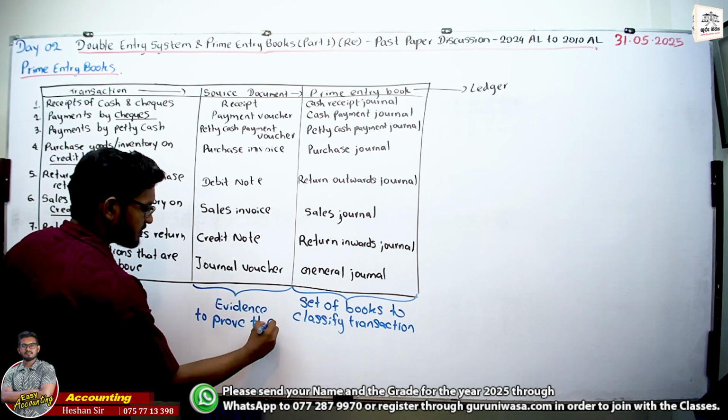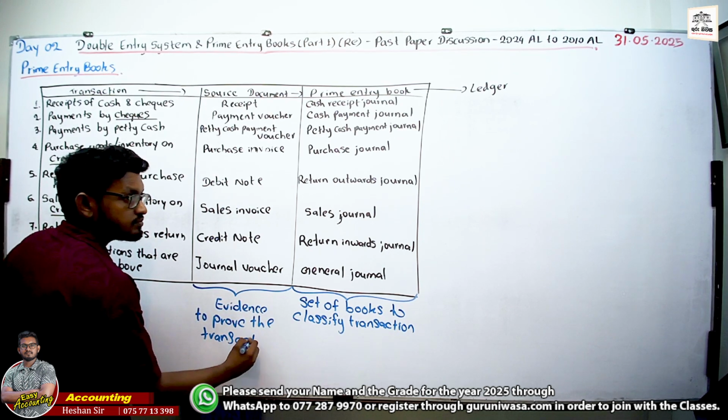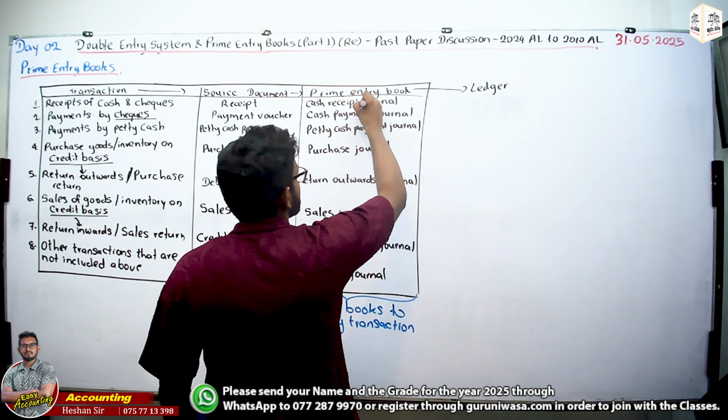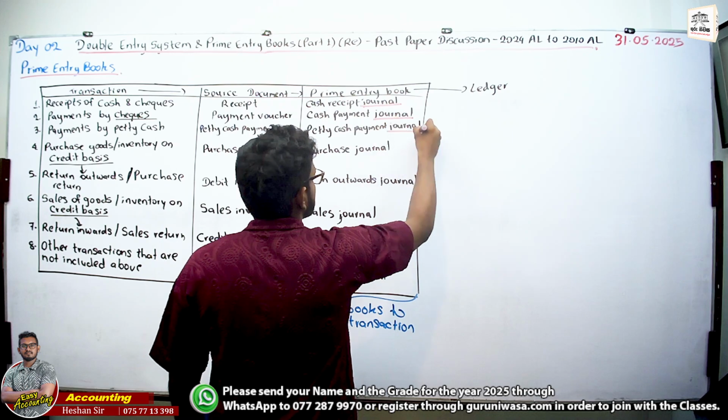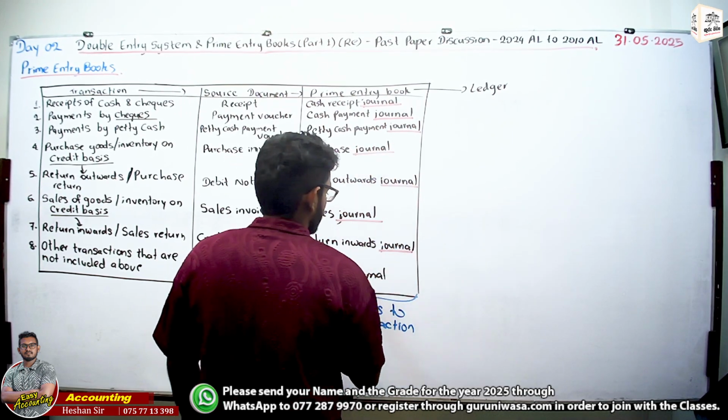This is just a piece of paper. And every primary book name ends with journal. You can see there are 8 journals.